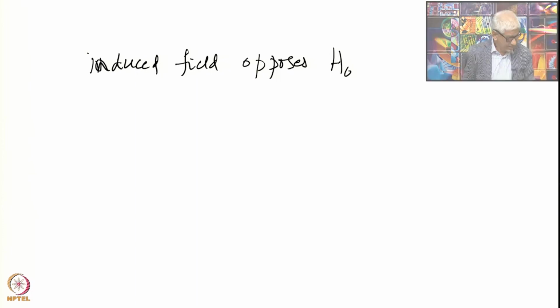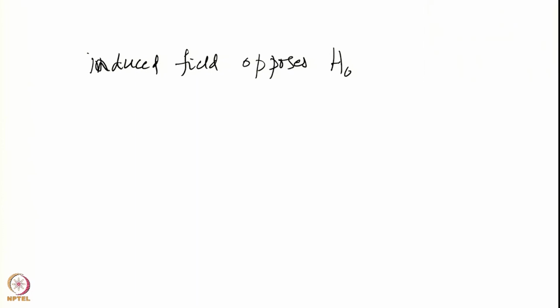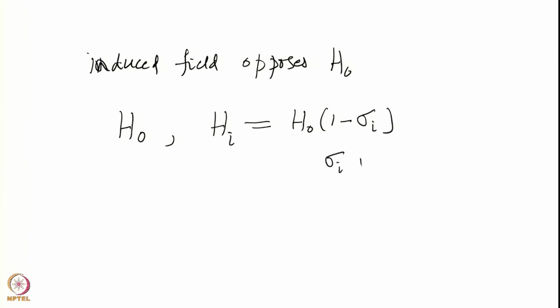So the field seen by a particular nucleus is not the same as H naught. It is equal to H naught into (1 minus sigma i). It is reduced by a certain amount, and sigma i is called the screening constant.